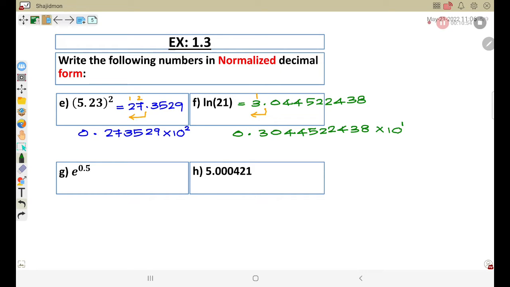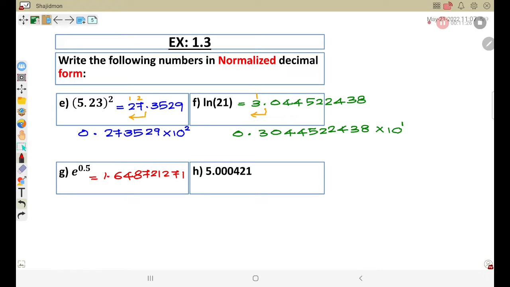Now next one, question number G, e power 0.5. e means in our calculator, whatever I told, fx-991ES Plus, this calculator we are using. So e power 0.5 means, e means shift ln, power 0.5. So we will get the number equals 1.648721271.